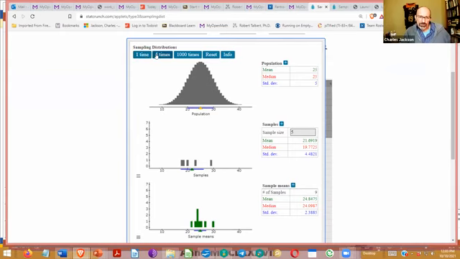So we'll run 5 of them at a time. And you can see the applet allows us to see what would happen if we did this 1,000 times. We just keep getting sample, sample, sample, mean, mean, mean, but we're creating a new distribution, that green one at the bottom.